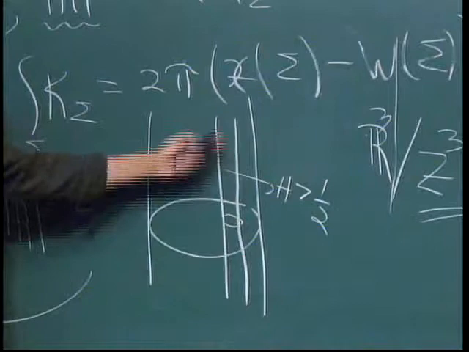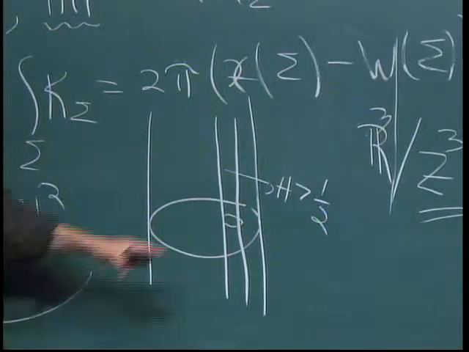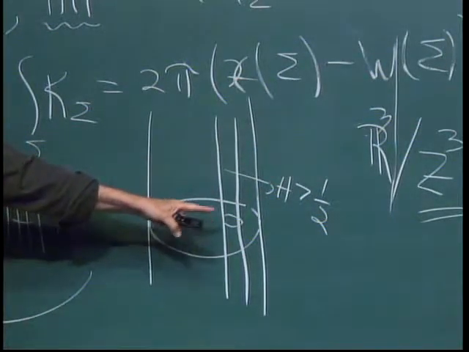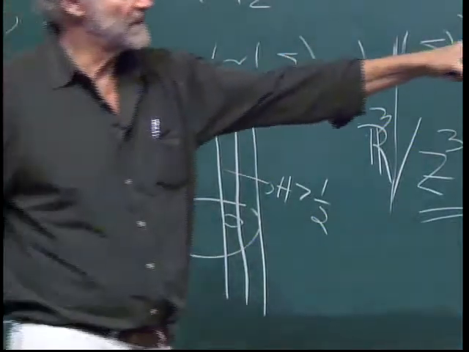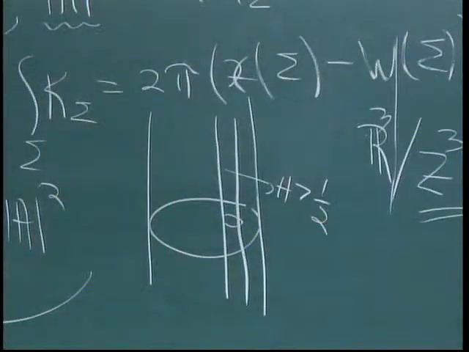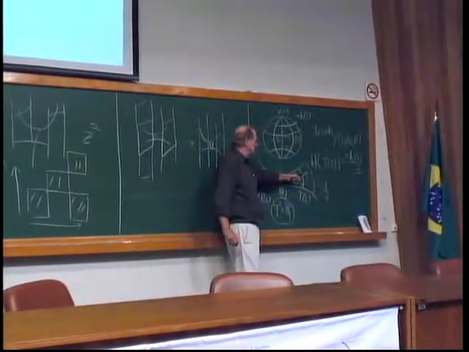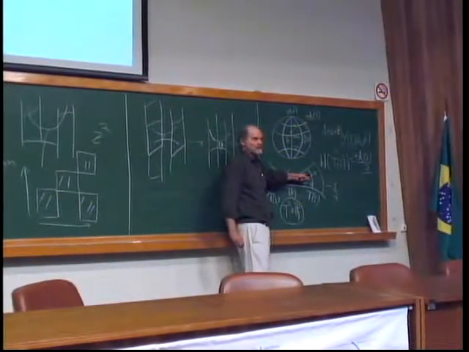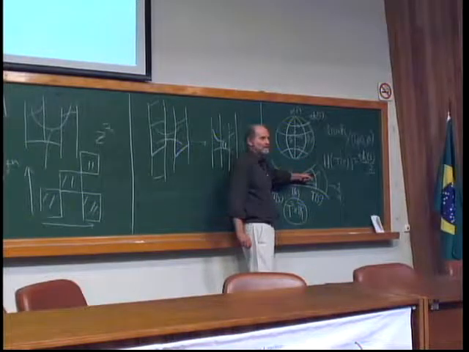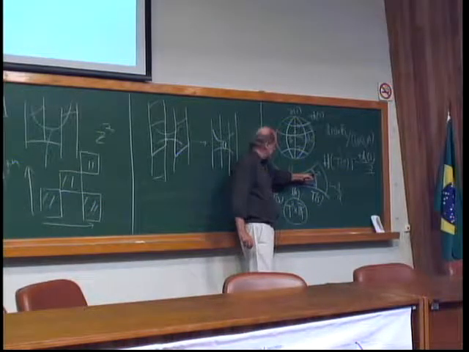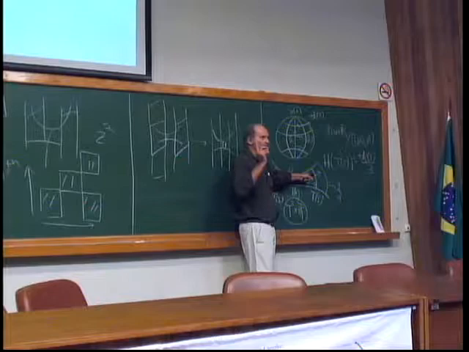It's a constant mean curvature cylinder. If I make that circle small enough, then I can put it in a fundamental domain for this group, and in the quotient it becomes a torus of constant mean curvature bigger than 1/2. So you have in this space this torus of constant mean curvature bigger than 1/2.